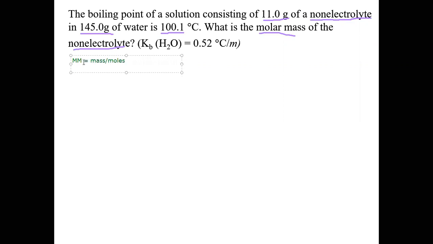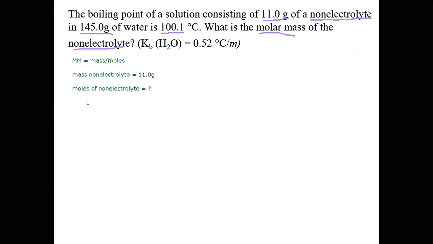Well, the mass of our non-electrolyte is 11 grams. The moles of the non-electrolyte is what we don't know. So now we have to use the other information to calculate moles.